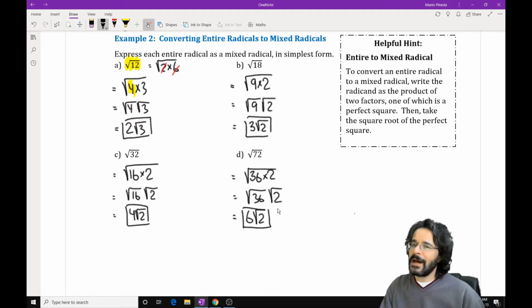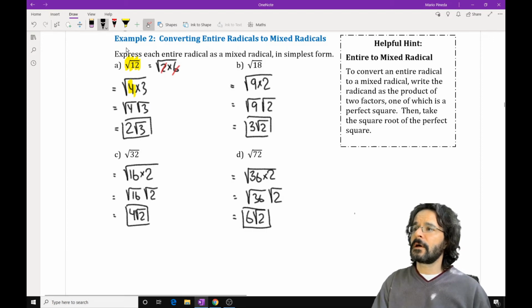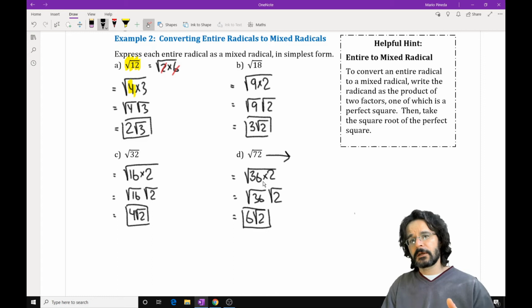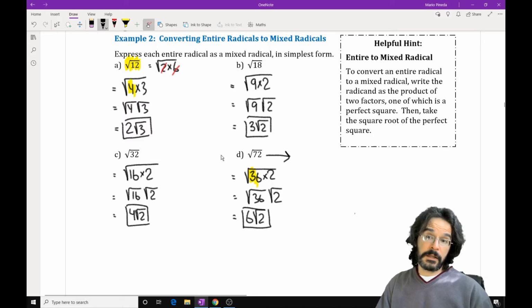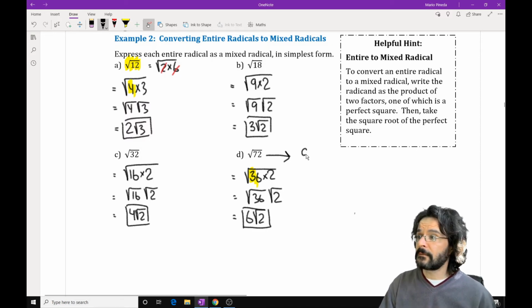Okay. Now, as it turns out, there is another way we can do this. It's a longer way, but I'm still going to show it because sometimes we might end up doing it this way, even if we don't intend to. If I wouldn't have factored out 36, and instead would have factored out, say, 9.